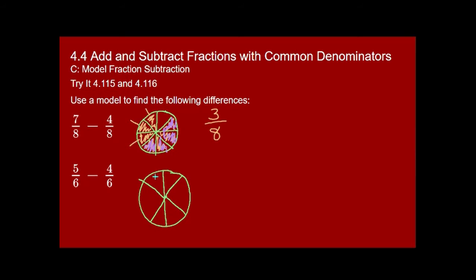I'm going to start with 5 of them. 1, 2, 3, 4, 5. And I'm going to get rid of 4 of them. 1, 2, 3, 4. And how many am I left with? I'm left with 1 of the sixths. So that's how you would model fraction subtraction.